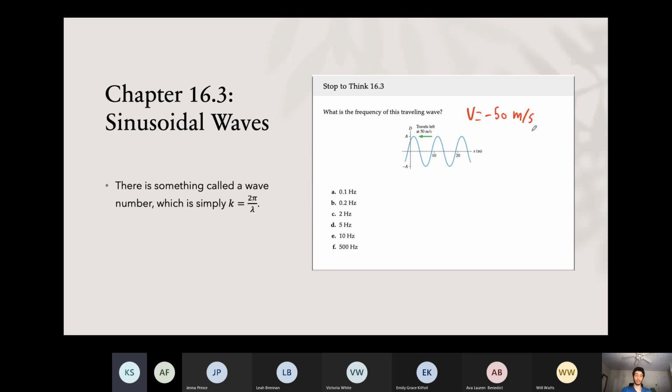Does anyone have any idea what to do? Frequency is equal to 10, or 10 f.